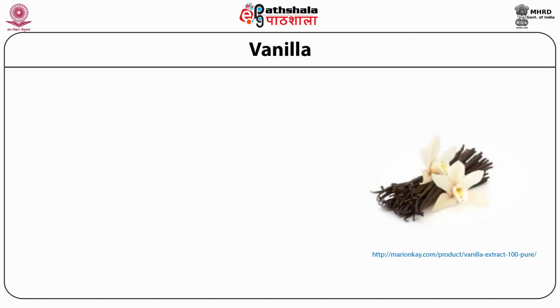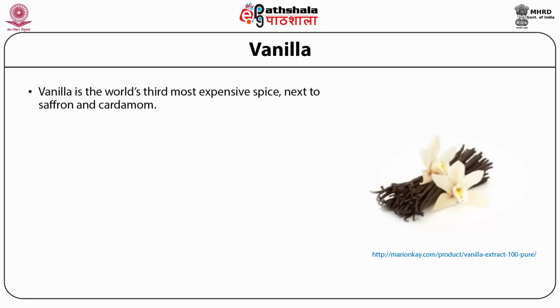Vanilla. Vanilla, a vine known since the time of the Aztecs, is a genus of about 110 species in the orchid family. Vanilla planifolia yields the popular commercial flavoring agent vanillin. Vanilla is the world's third most expensive spice, next to saffron and cardamom.